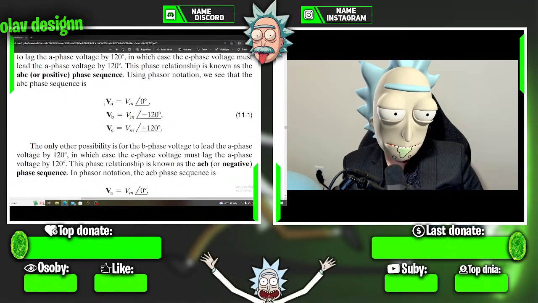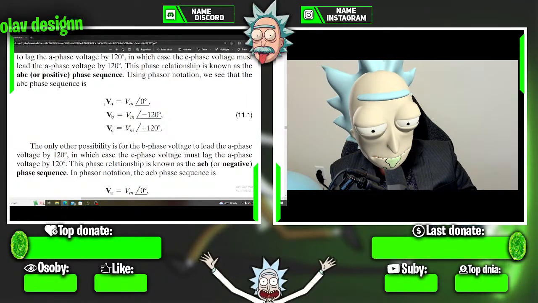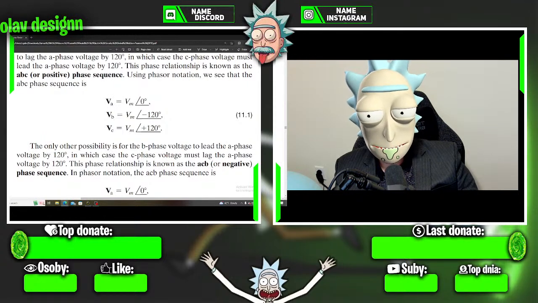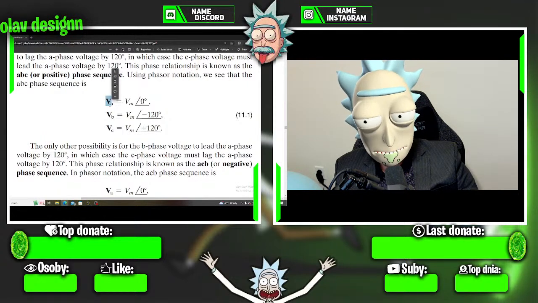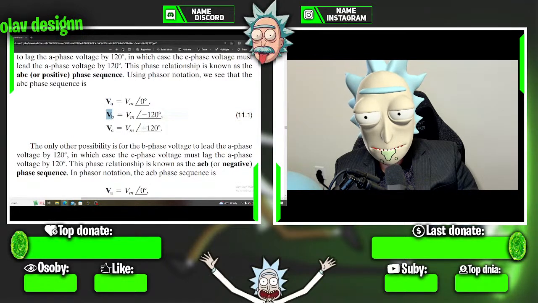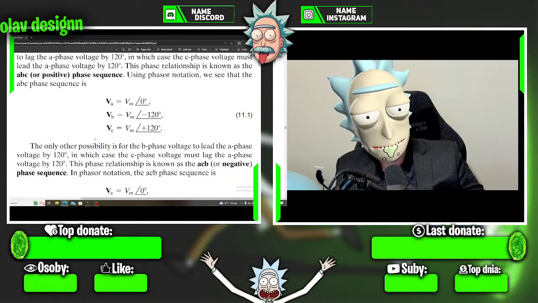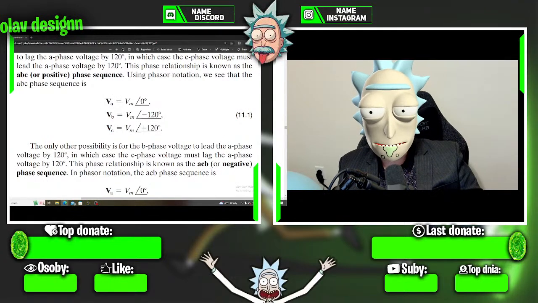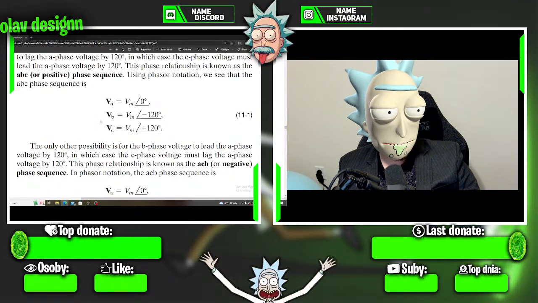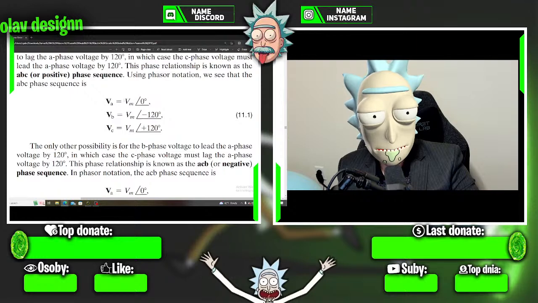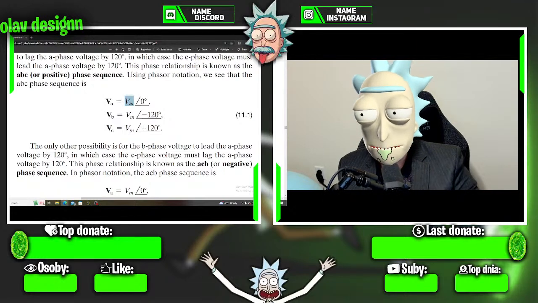So let's try to learn this very important phasor notation. We have these three voltages. Notice that these are boldface because they're vectors. Books, instead of writing a little vector line, use boldface. So they have a magnitude and a direction. All we need to write down for polar coordinates is the magnitude and the direction.